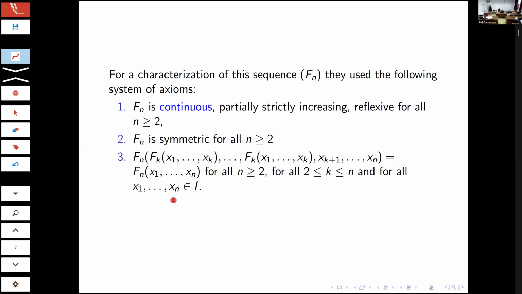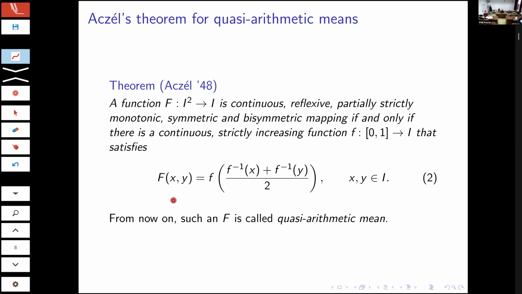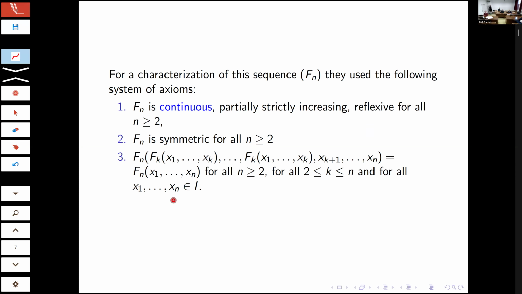If you remember the proof of the arithmetic and geometric mean inequality, we use this type of trick in the inductive proof of that. So they said that if you have these three properties, then it is a quasi-arithmetic mean. You can find the one variable function f so that all fn are of the conjugate form.